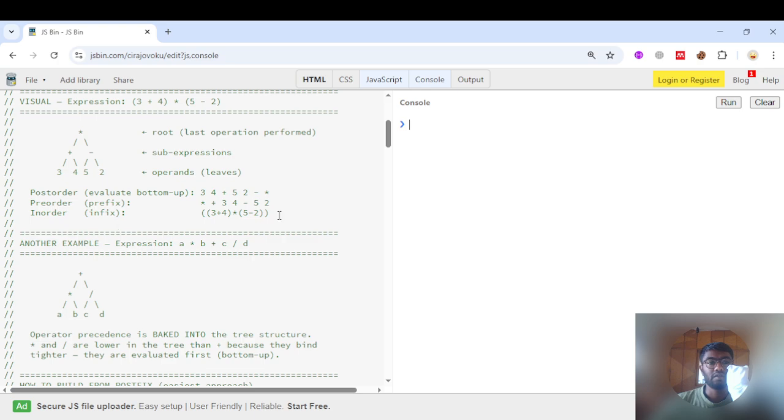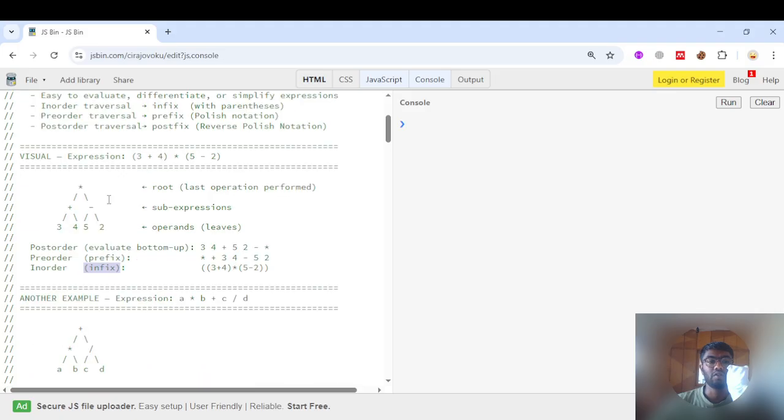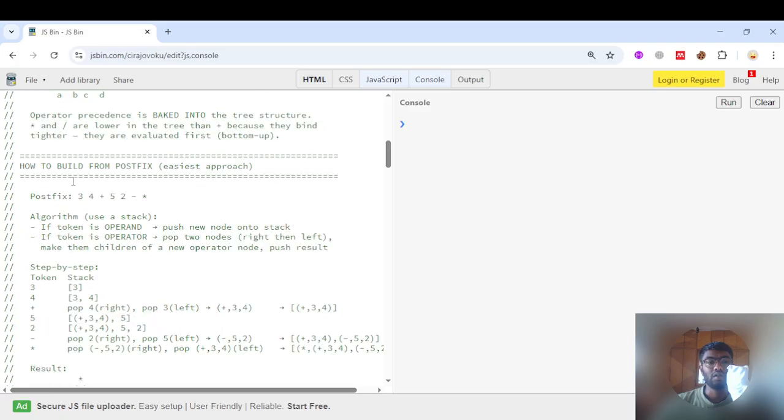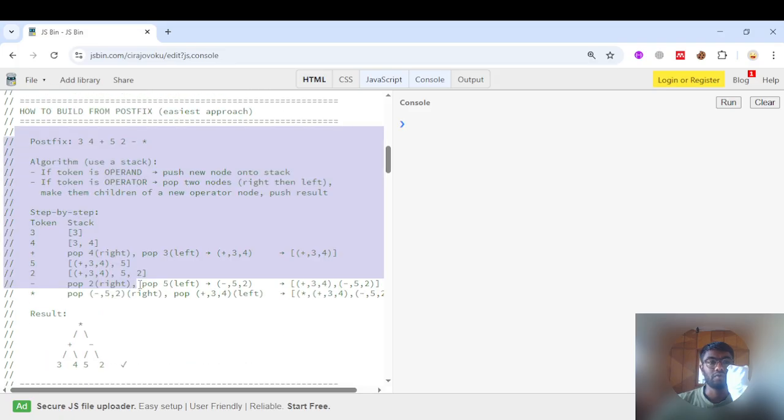This representation is simply an in order or infix way of expression representation, and the way we talked about building this post order expression with the help of stacks, we just talked about this logic here.